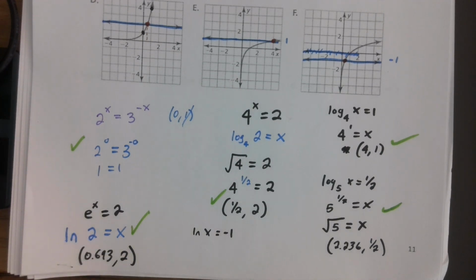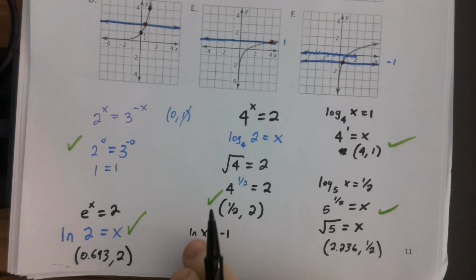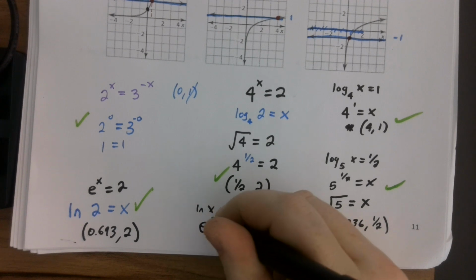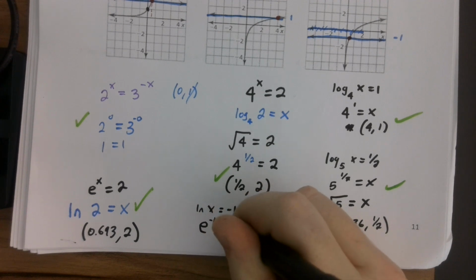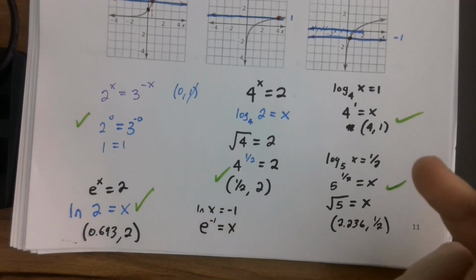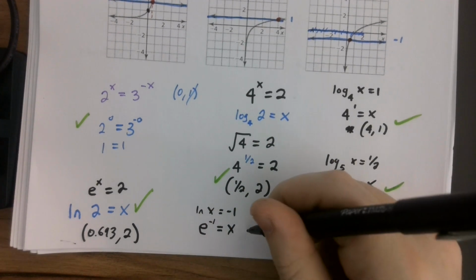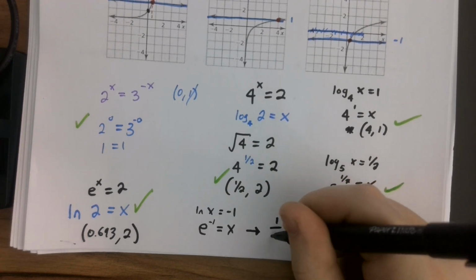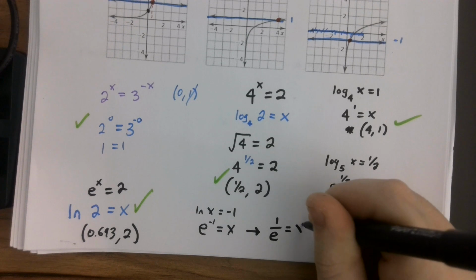We can exponentiate them. So, if we turn this into an exponential, remember that the base is e. This is e to the negative first equals x. What did we do with negative exponents again? We flip them upside down. This is the same as 1 over e equals x.